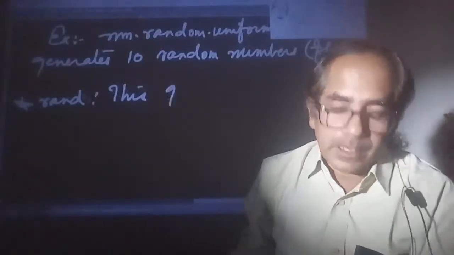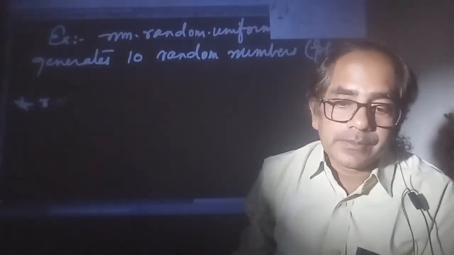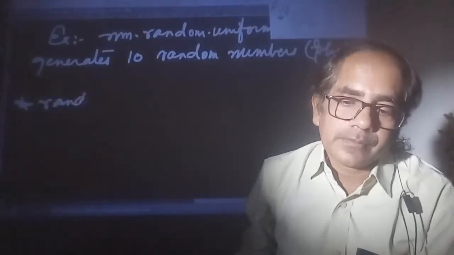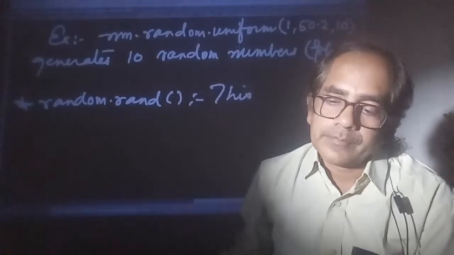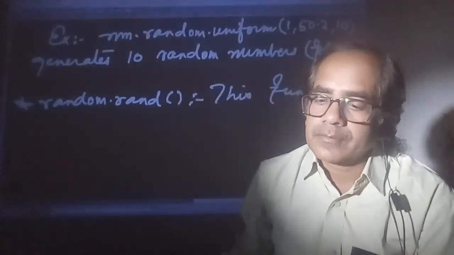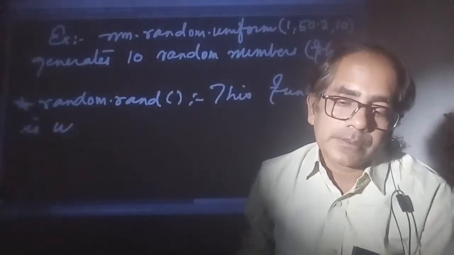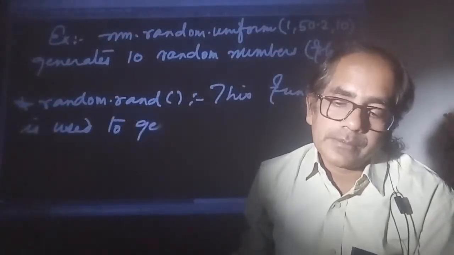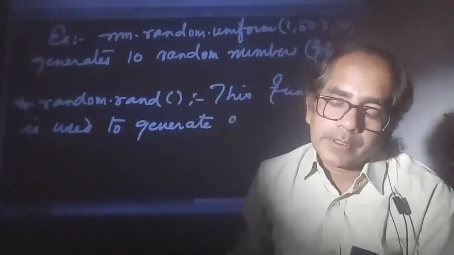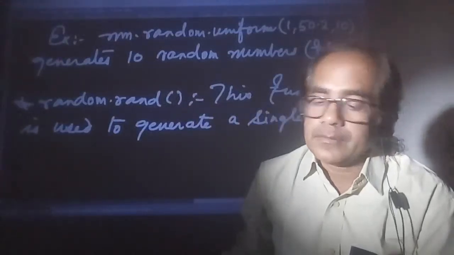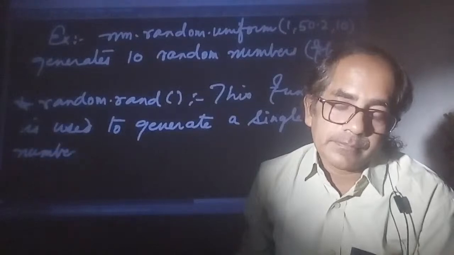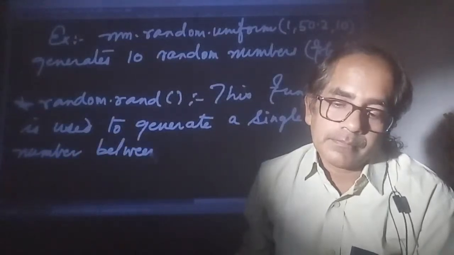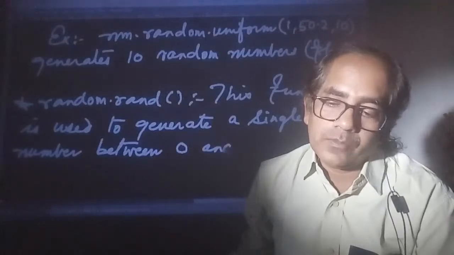This generates, I wrote it wrong, random.rand. This function is used to generate a single random number between 0 and 1.